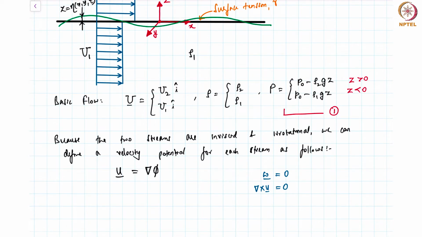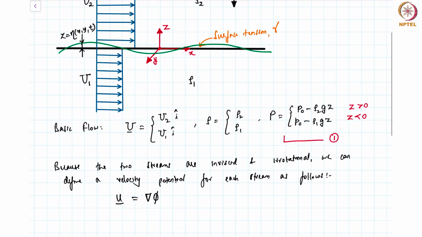And if the curl of velocity is 0, then it allows me to define a potential where the velocity is the gradient of this potential, since the curl of a gradient is always 0. So the fact that the flow is irrotational allows me to define this potential. So we'll work in terms of the velocity potential.